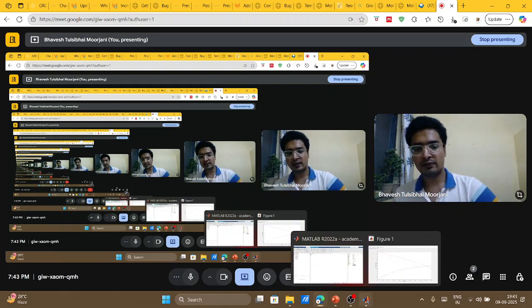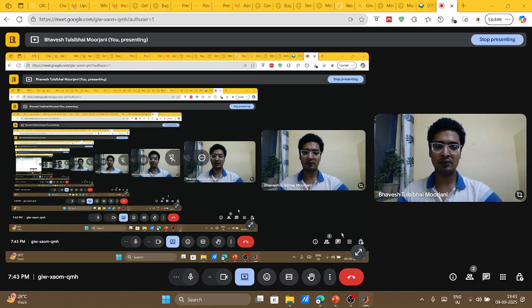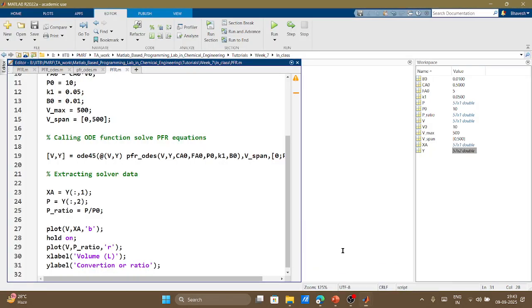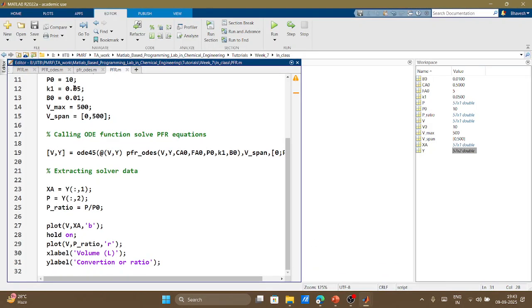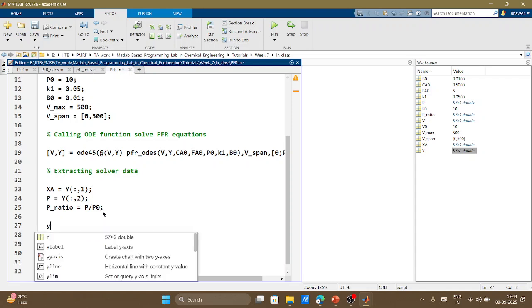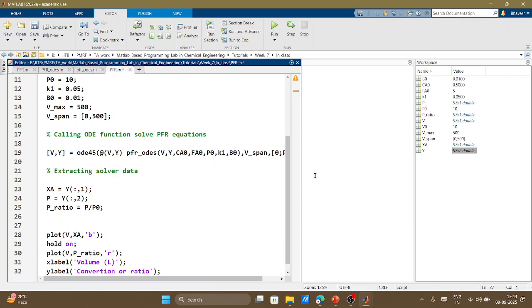For that we can use Matlab to create that kind of plot, okay? Matlab has this command, yyaxis, which creates a chart with two axes. So let's look at the example here.